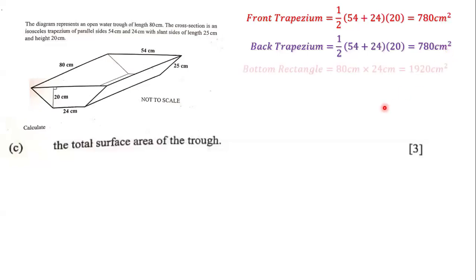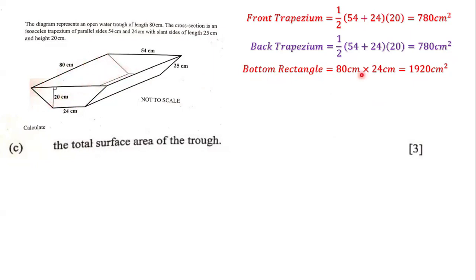Next, we have to determine the area of the bottom rectangle. We have a rectangle at the bottom, and we need to figure out its area. The length is 80 centimeters. This length right here is 80 centimeters, and we know that because this is 80 centimeters right here, so this one at the bottom must also be 80 centimeters.